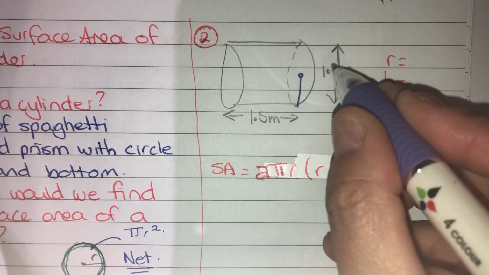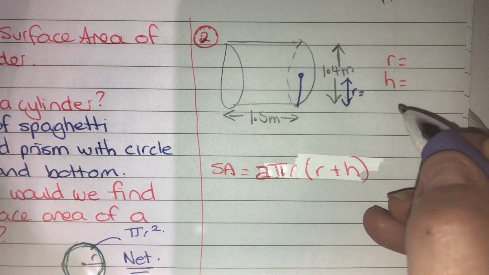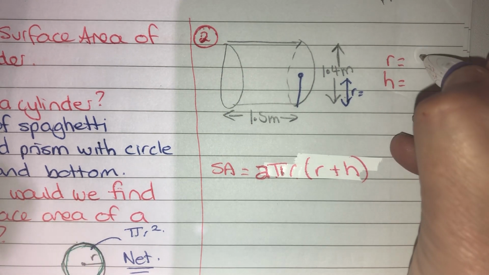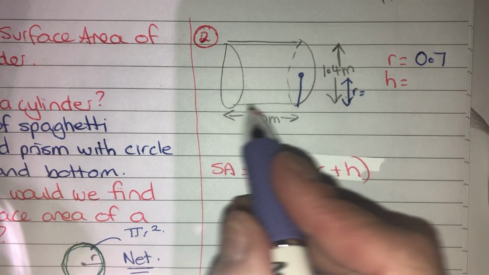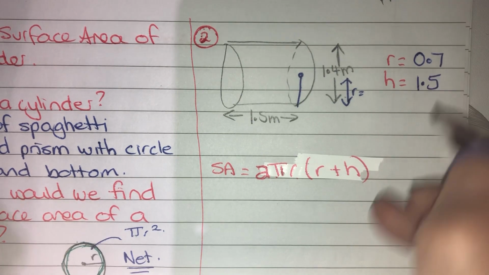You can do it in your calculator, if you can't think in your brain, 1.4 divided by 2. And hopefully you get 0.7. The height is given to us from the actual picture, which is 1.5.